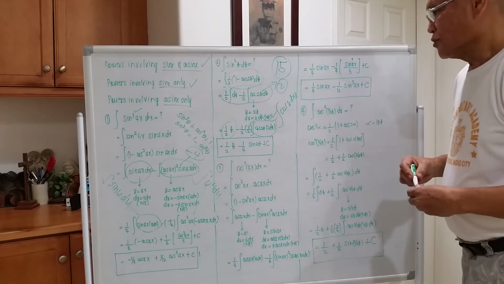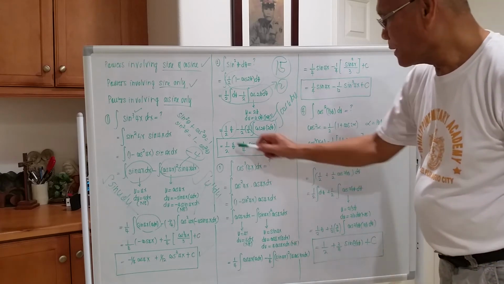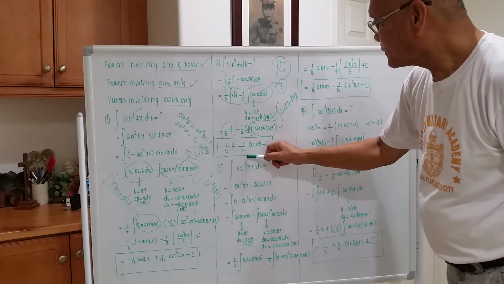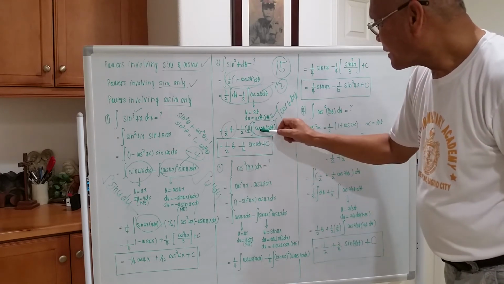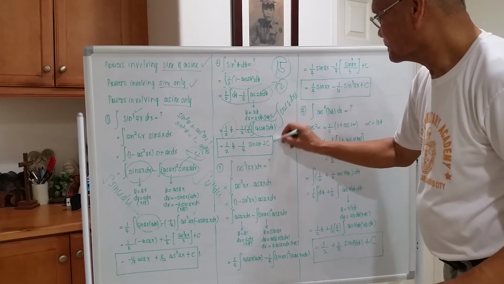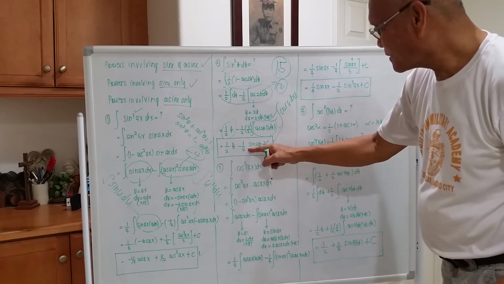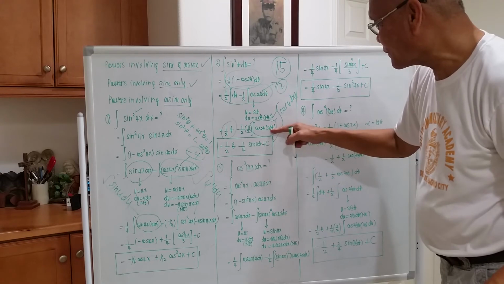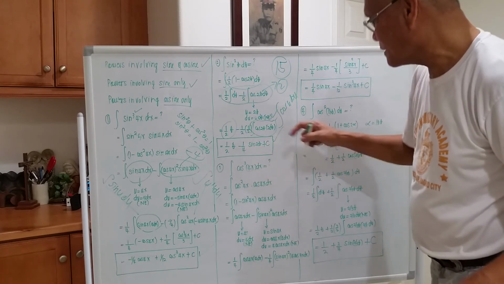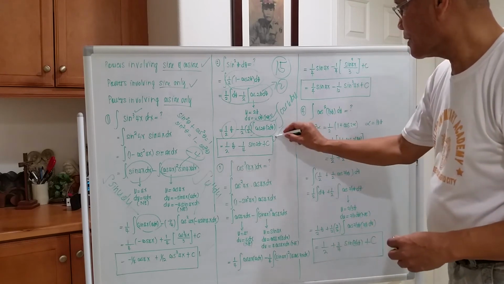So, final answer, this should now be equal to 1/2 theta, 1/2 times 1/2 is 1/4, negative, the integral of cosine is sine of 2 theta, plus c. Because if you differentiate sine of 2 theta, it is cosine of 2 theta. So the integral of a cosine function is just the sine function plus c. That's the final answer for number 2.